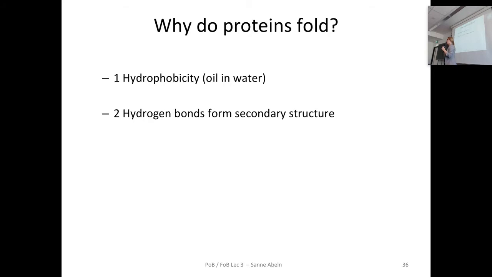Lower energy state? It's a lower energy state, yes and no. You need to consider that the energy difference between the hydrogen bonds to solvents and the backbone hydrogen bonds isn't very large.